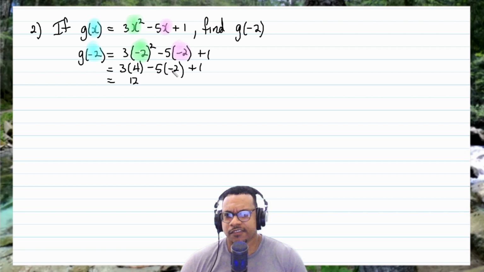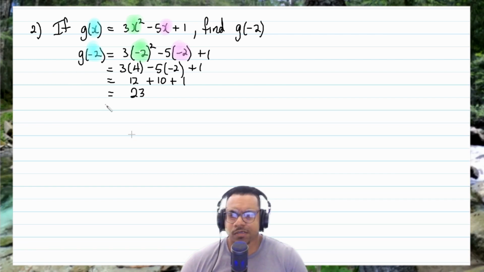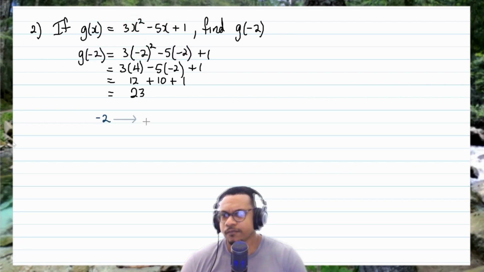Then I have negative 5 by negative 2, which will give positive 10, and plus 1. So 12 plus 10 is 22, and 22 plus 1 is 23. So this answer would mean that negative 2 is mapped to 23, or my ordered pair would be negative 2 and 23.